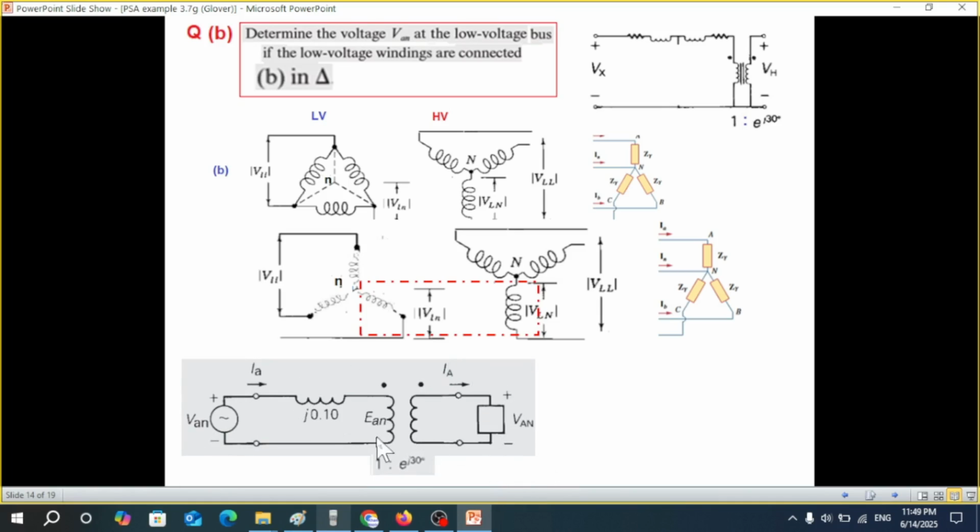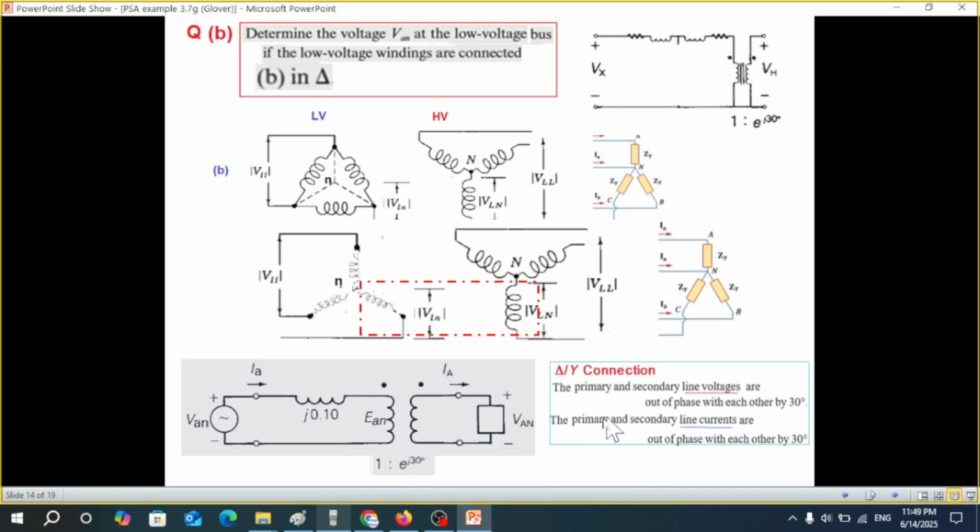So this is what we will get. We connect the source and then we connect the load. And this was the phase shift from here. Now remember that the phase shift applies for the line voltage as well as the line current, same phase shift.